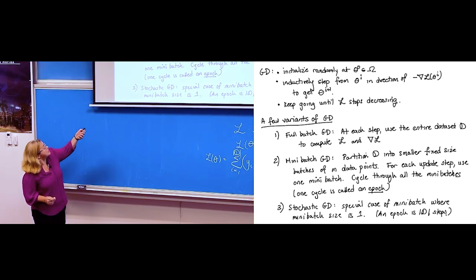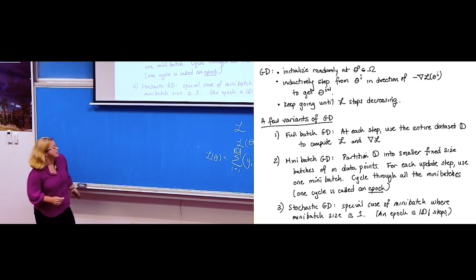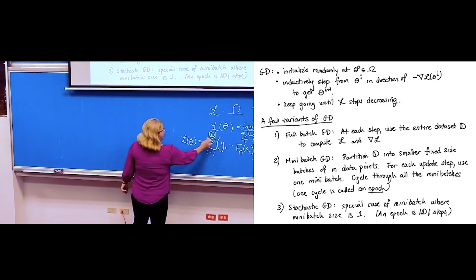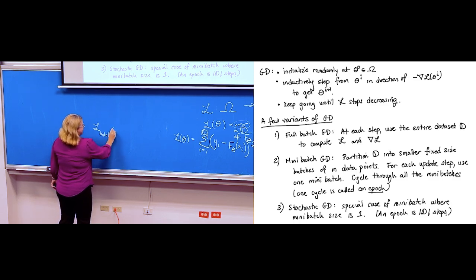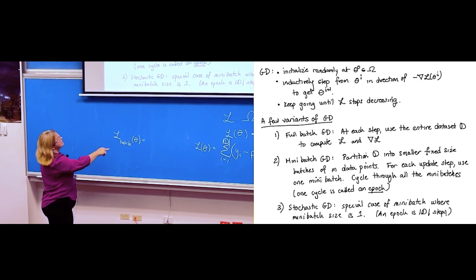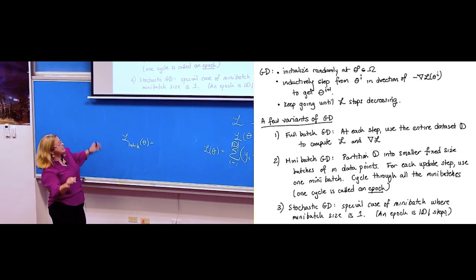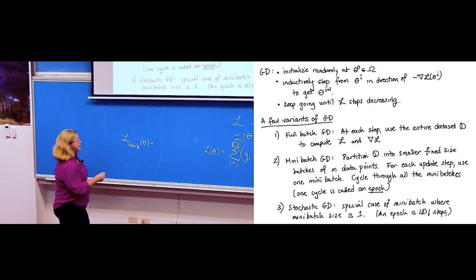The other variants are that when you don't use all of your data, mini batch gradient descent is that instead of using all of your data, you partition your data D into subsets of some fixed size, and you only use one subset at a time.